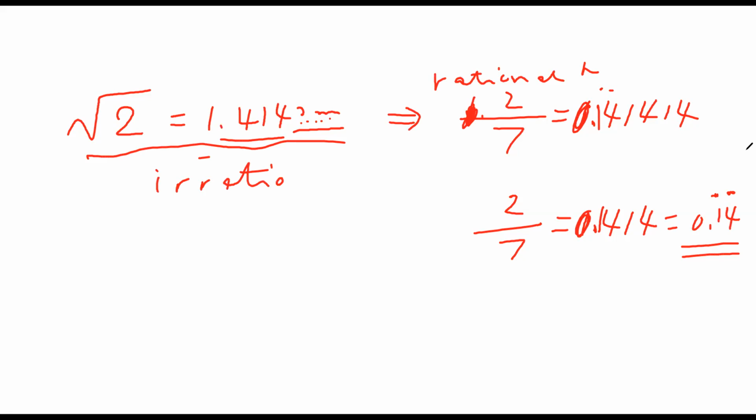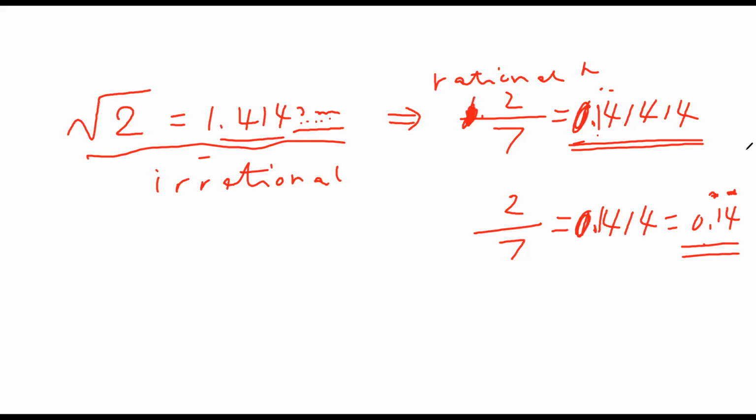I thought if you divide something by 7, you have 7 different decimal digits, and then they repeat those 7 over and over again. It can't be like 0.14141414. Yeah, so here there is a pattern, just like this one has a pattern. You can repeat it, right? But it can't be 0.141414.